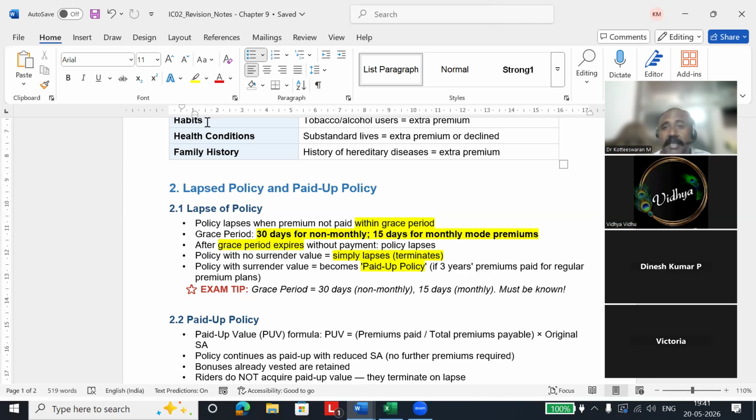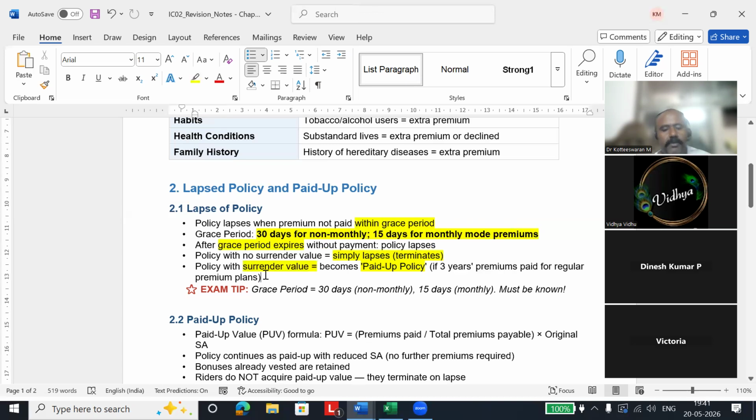So this is for no surrender value policy. So there are policies which have surrender value. All endowment policy or money back policy or bonus policies will have surrender value. Surrender value means if the policy is getting closed, there is some amount accumulated in your policy account. They will pay you back that one. So that is called surrender value. Okay.